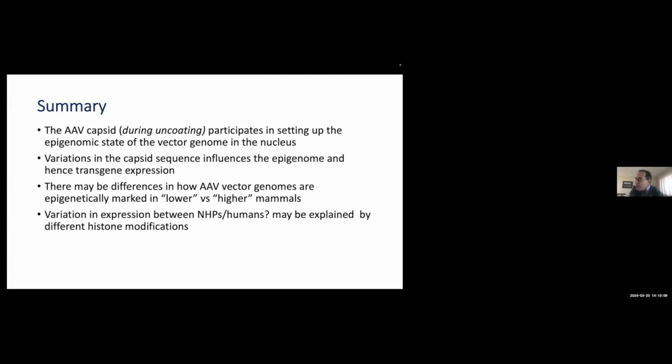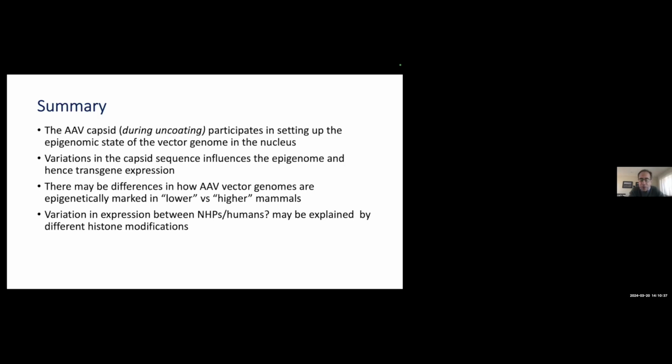We're very interested in understanding the molecular events that occur to allow this epigenetic state to be set up. The variations in the capsid sequence can influence the epigenome and hence transgene expression. And again, I think importantly, there may be differences in how AAV vector genomes are epigenetically marked in lower, if you will, versus higher mammals.